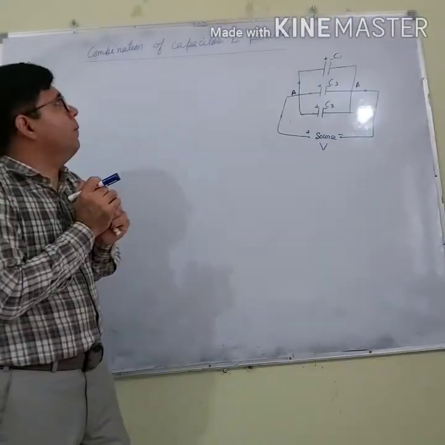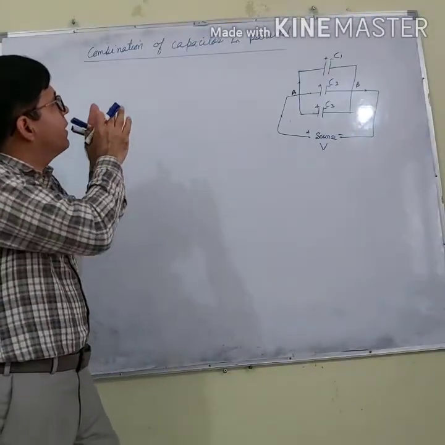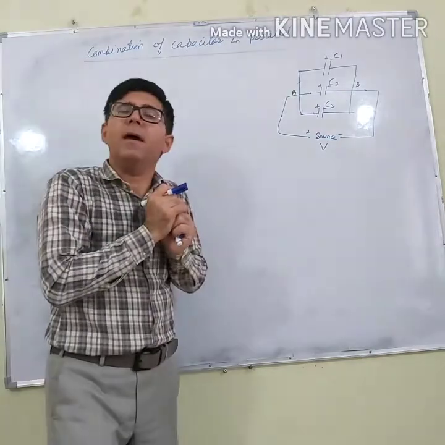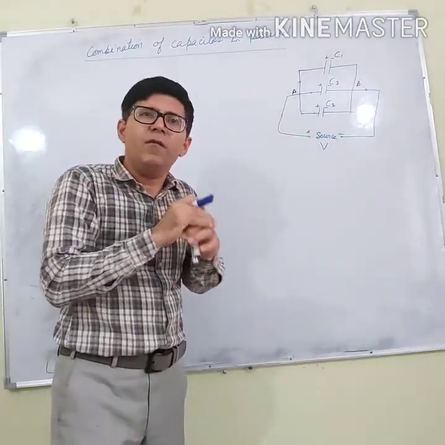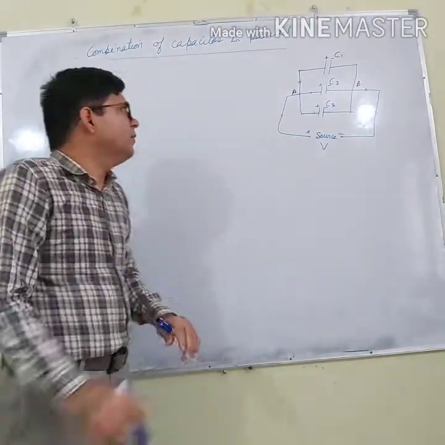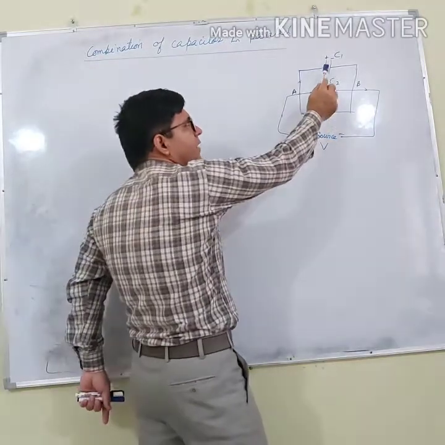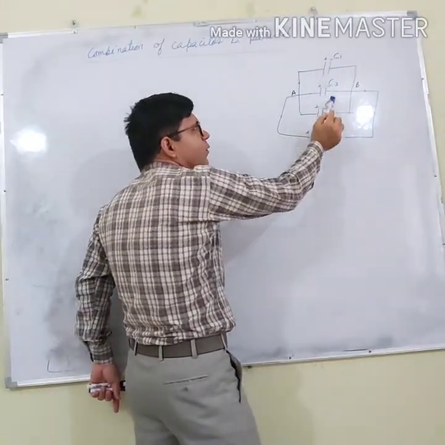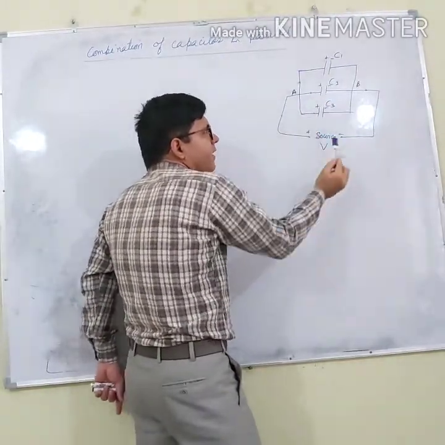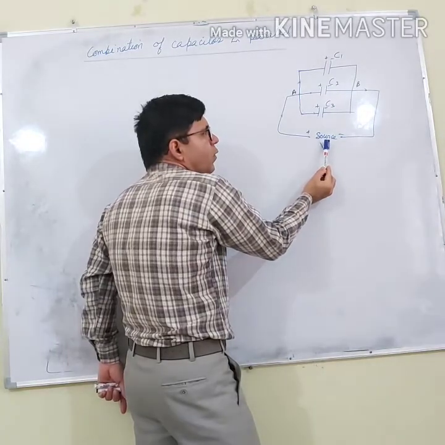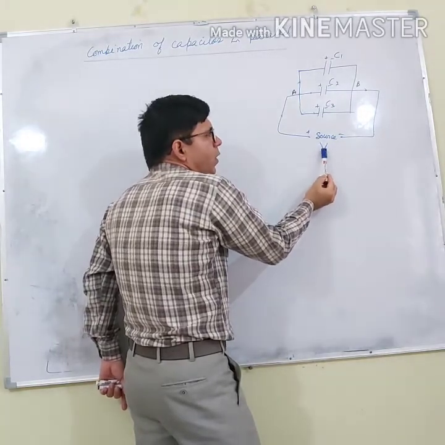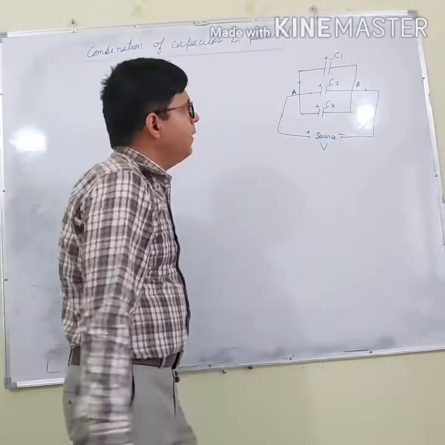Now first of all, I am saying that capacitors are connected in parallel. What is the meaning of a parallel combination? Listen students, let us say we are having capacitors C1, C2, C3. These are attached to a source of EMF V, right?